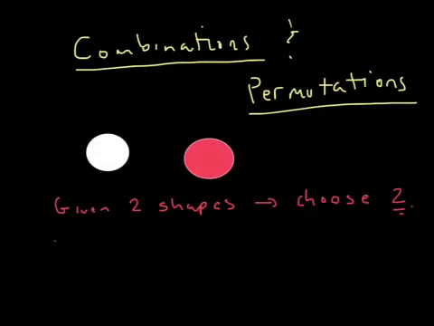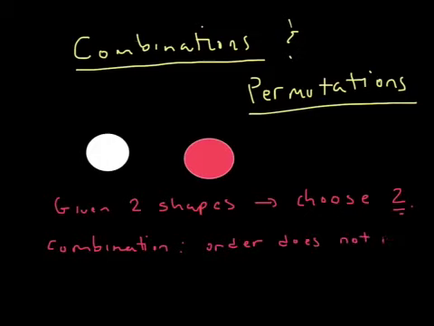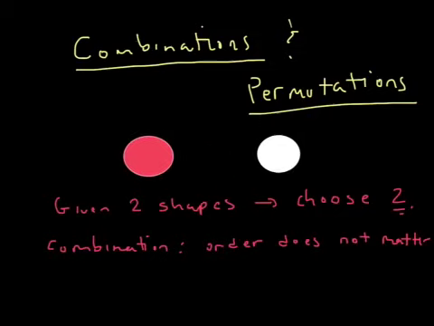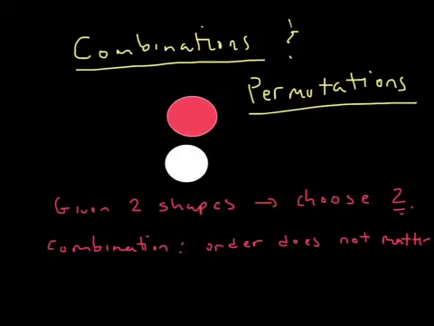As far as combinations go, and the point of this is to try to illustrate the difference between a combination and a permutation, in combinations, order does not matter. So I've got these two shapes, whether I've got the white and the red, or the red and the white, or the white on top of the red, or the red on top of the white.